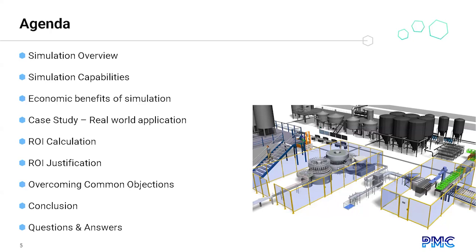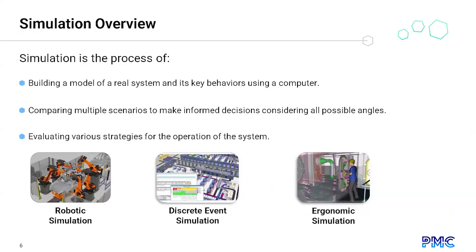So let's start with a simulation overview. What is simulation? Simulation is the process of creating a digital model to replicate a real-world system or process, to be able to study, analyze, and optimize it without the need for a physical prototype. So you can run multiple experiments on the virtual system to explore different scenarios, to predict outcomes, and to improve design or processes.